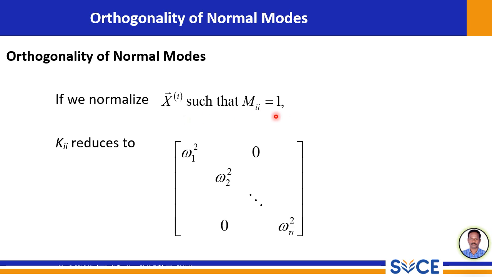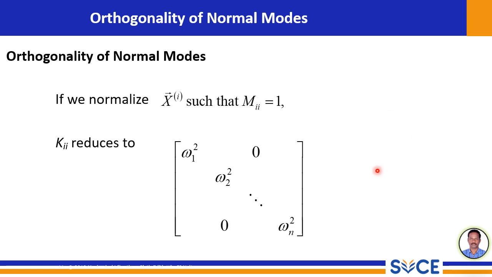The generalized mass for the ith mode is given by the vector x_i transpose times mass matrix times x_i. If we choose a scaling factor for each mode shape such that it is equal to 1, we say the modes are mass normalized. When mode shapes are normalized in this manner, an interesting simplification occurs within the generalized stiffness matrix.